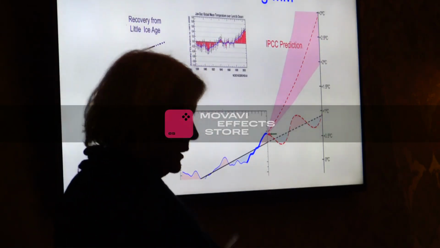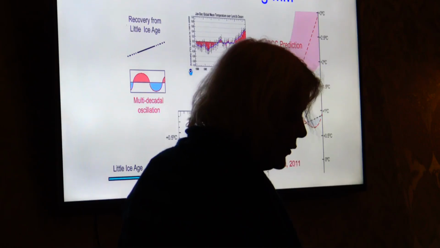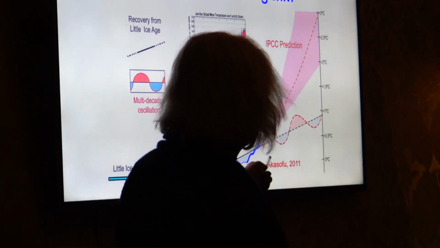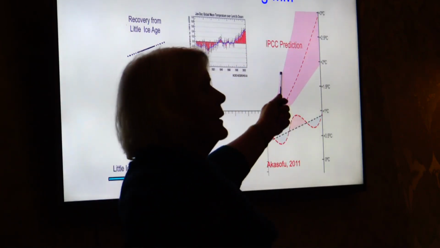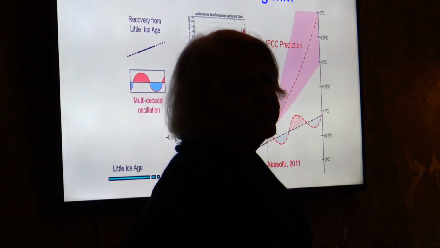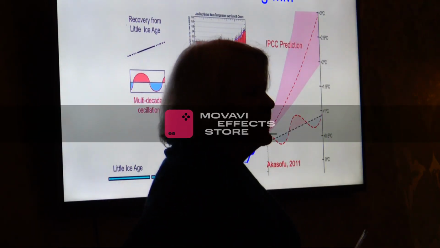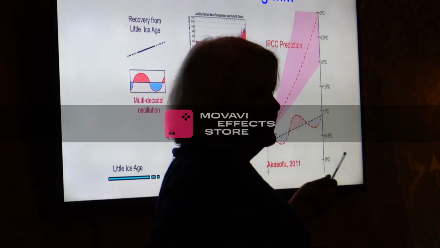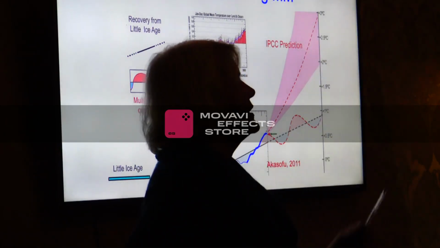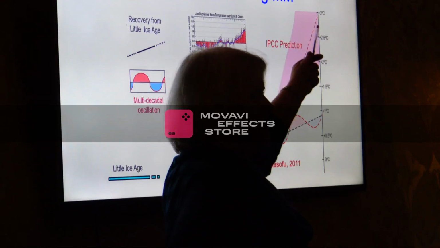It was actually, what's his name, Akasofu. He first published this curve. Remember, some of you probably remember, they predicted the temperature would increase after Mann published this hockey stick, by 5 degrees.